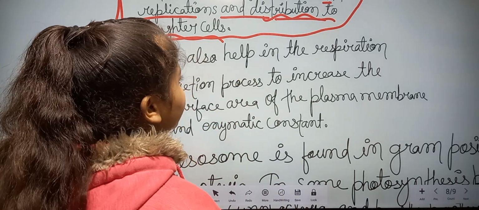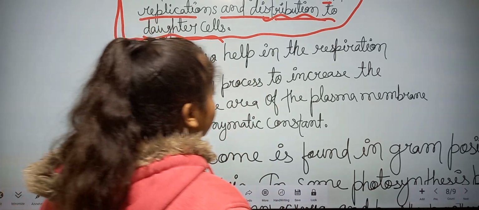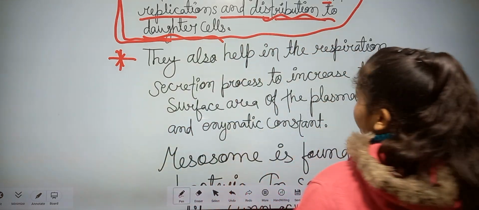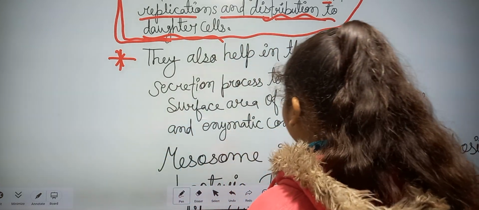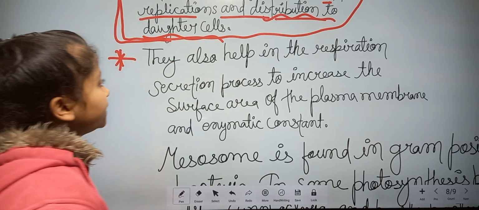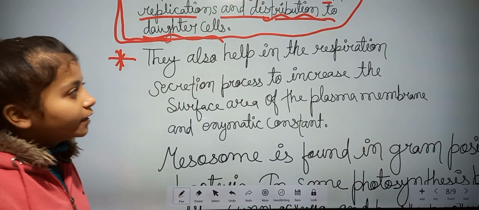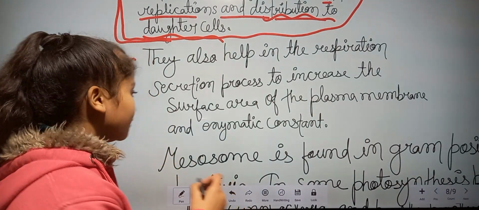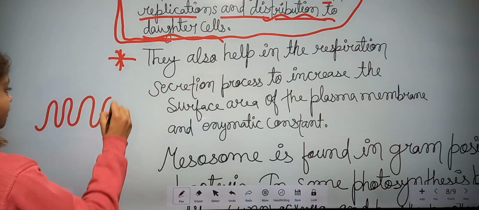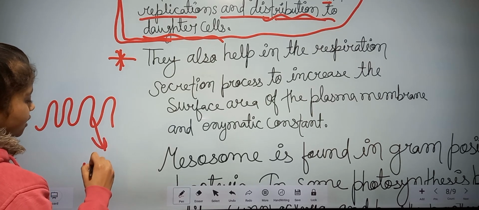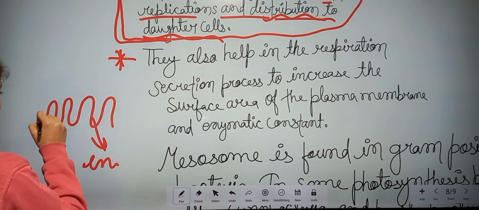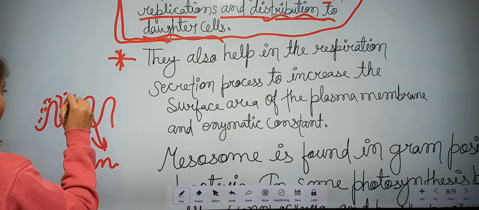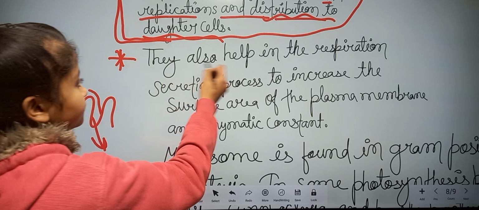They also help in the respiration and secretion process, to increase the surface area of the plasma membrane and the enzymatic content. It means in the mesosome we have seen that there is a formation by invagination of the plasma membrane, and here are the dotted structures called respiratory enzymes.